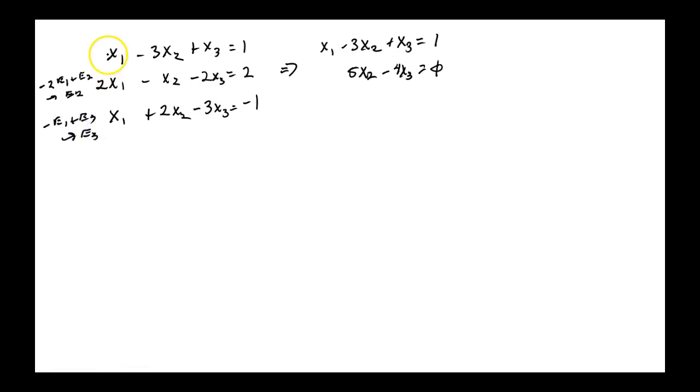Okay, do it to it. Zero, okay, because minus x1 plus x1 is 0. Next. 5x2 minus 4x3 is equal to negative 2.